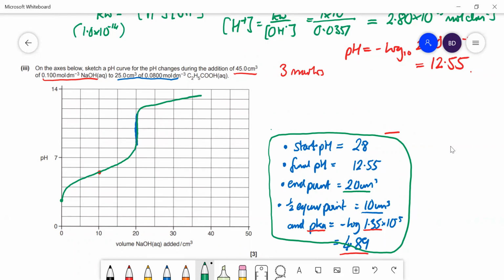Right, and the pH finishes at 12.55, so I shouldn't have that line going quite as high as I've drawn it. So I don't want that to be any higher than there at the end, so I'm going to draw something like that.